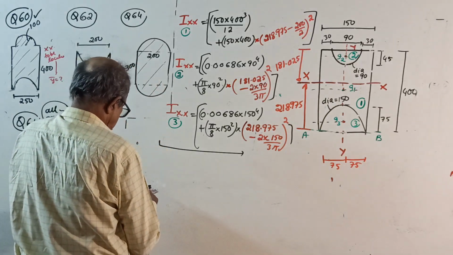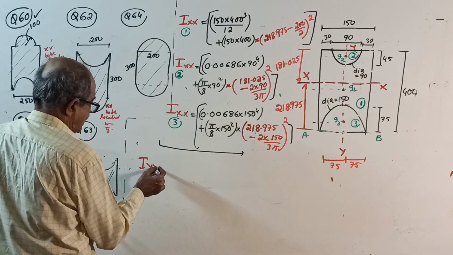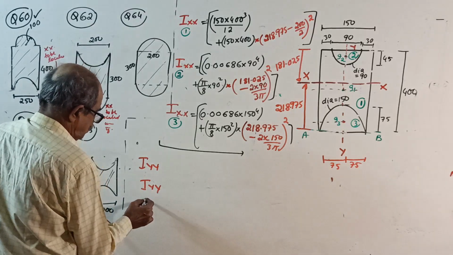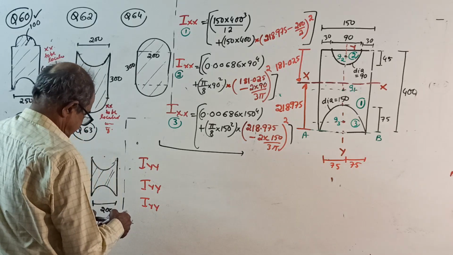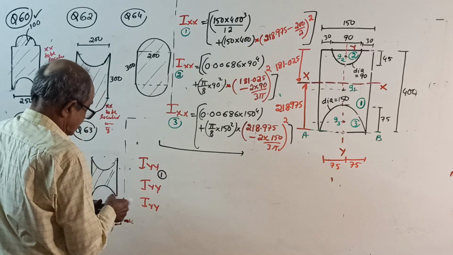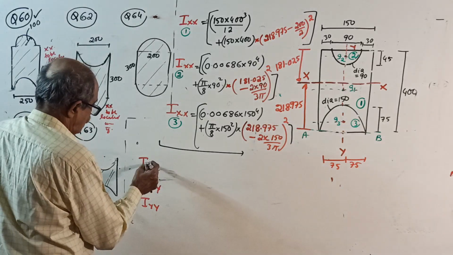Okay. Now I about yy: I about yy for 1, I about yy for 2, I about yy for 3. Any color will do.